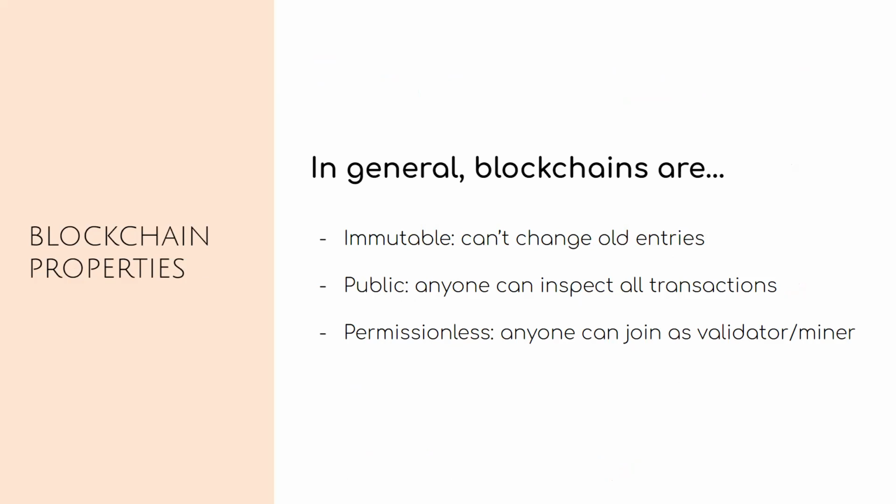You have to change it in all the millions of nodes that are out there, and it's public. So if I make a transaction on the blockchain, if I send data to you or someone else, that person can see my transaction. And by permissionless we mean anybody can mine Bitcoin, and anybody can be a validator in a proof of stake blockchain.